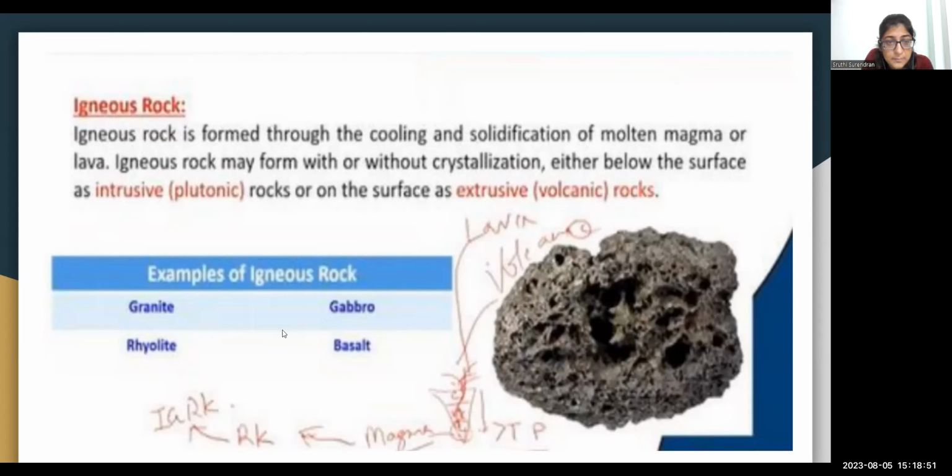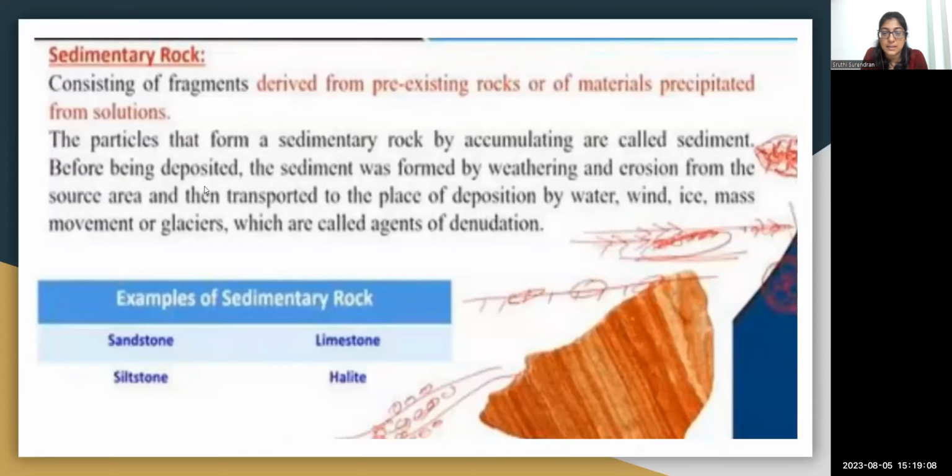You can also see examples of igneous rocks provided over here: granite, rhyolite, gabbro, and basalt. So these are four examples of igneous rocks provided. So rhyolite is an example of igneous rocks. And the other type of rocks shown in the options were sedimentary rocks. Sedimentary rocks, again, something that we have studied in our school days. These are weathered particles of rocks or any other weathered particles.